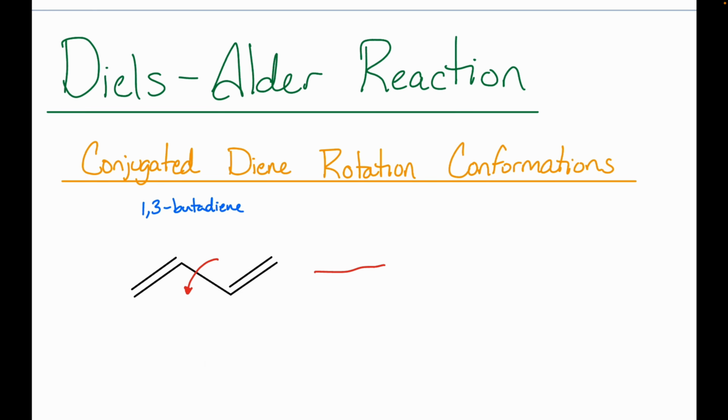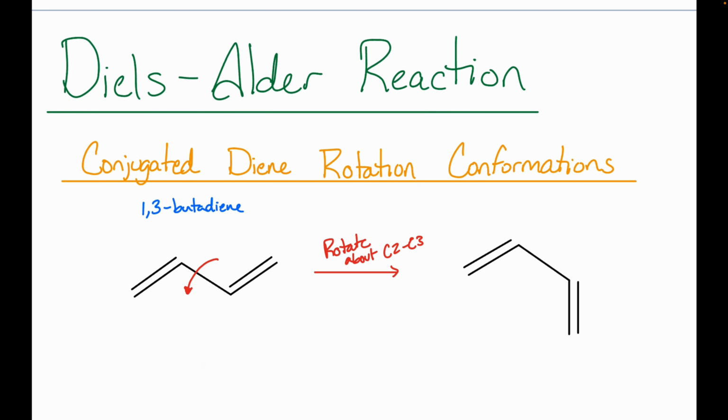But now we're going to take this and rotate about that C2-C3 single bond, such that our carbon-carbon double bonds are now pointed in the same direction. These are two different rotational states of 1,3-butadiene.